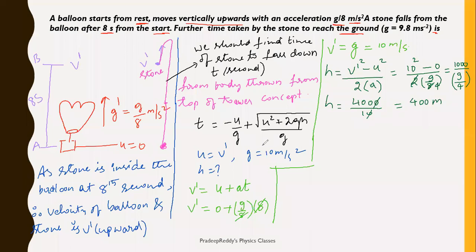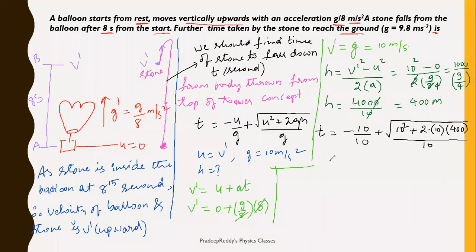Now take this h and v dash, and substitute in this expression for time taken. So t will be equal to minus of, what is u? u is numerically equal to 10, divided by the g value, which is also 10, plus under root, what is u? Numerically it is 10 square plus 2 into 10 into h, which is 400, divided by 10.